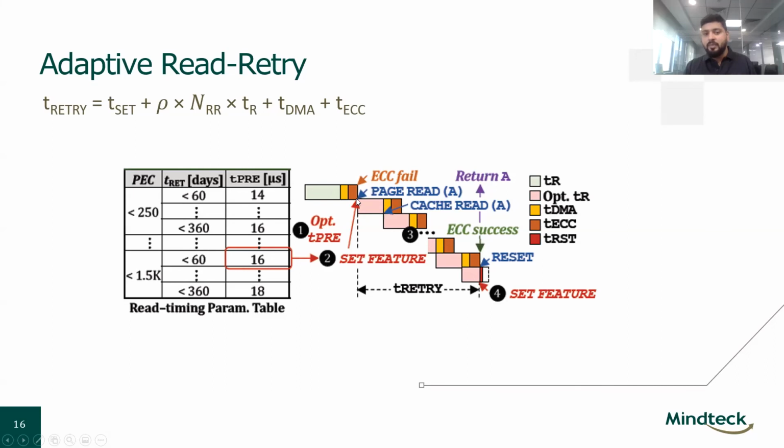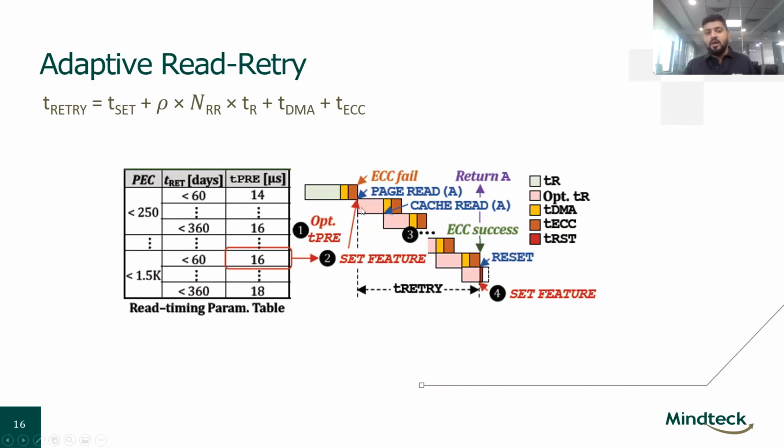Once the read failure of the page happens, we obtain the pre-charge value. After obtaining this value, whatever existing pre-charge value is there, we store locally, and we replace the SSD pre-charge value with this new value. We do this using the set feature command. So the first and second steps are implemented whenever any page failure occurs.